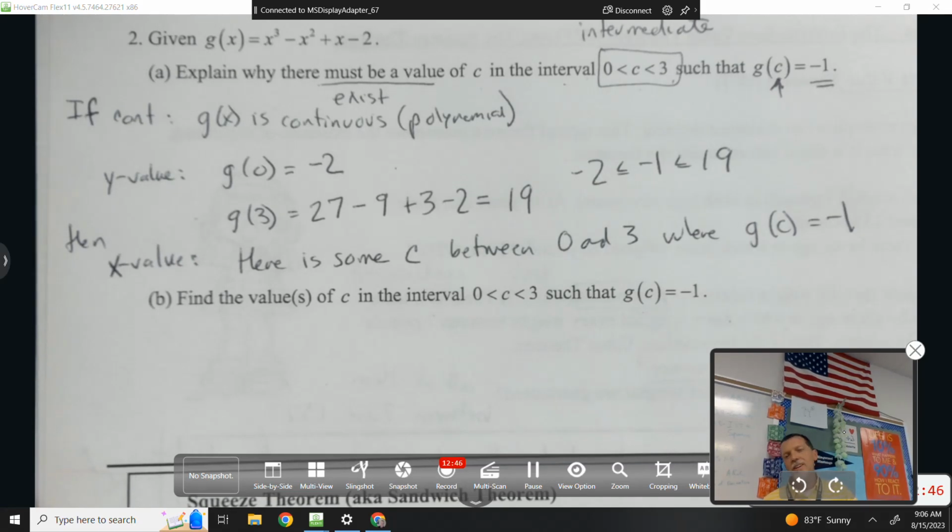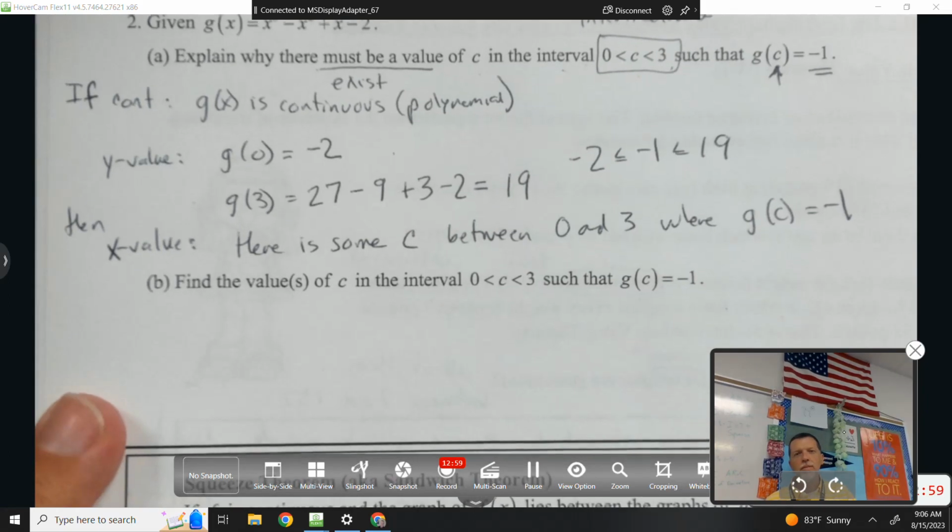If you put x in there, it would be fine. There's some places where AP graders are super sticklers and others where they're like, x, c, t, whatever. You got the problem right. We're not so worried about the variable.